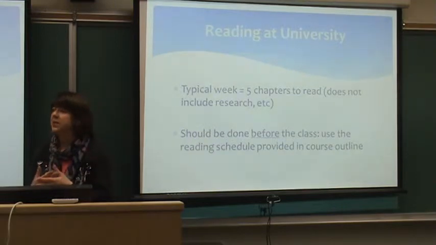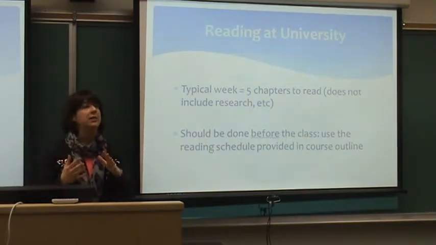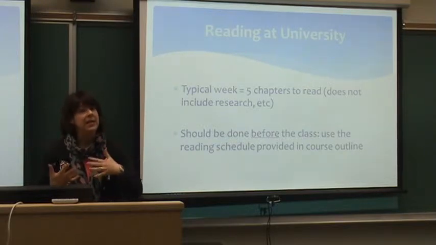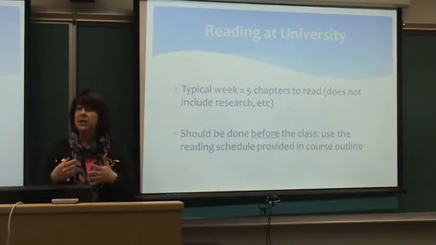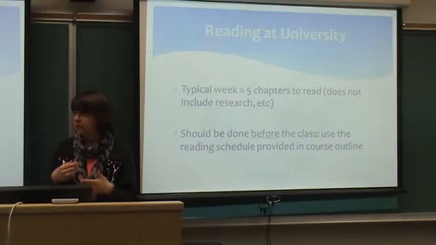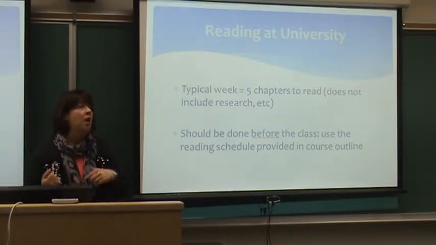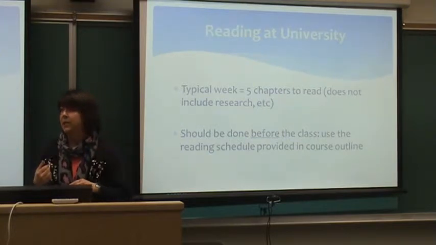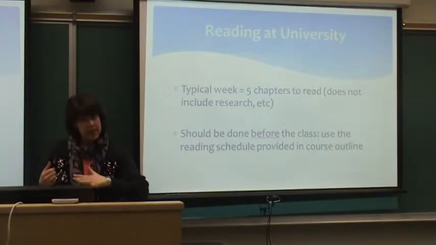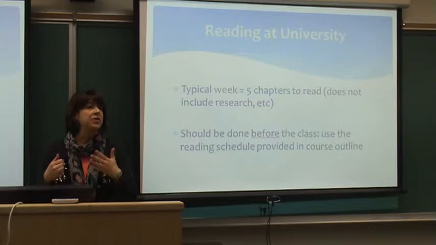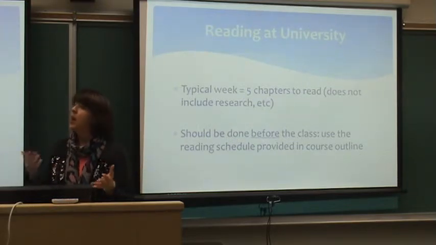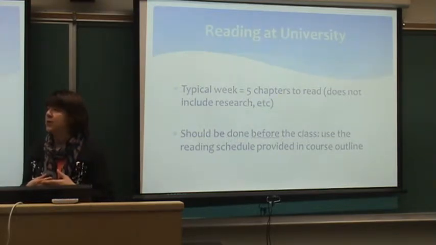When you go to your first day of class, you get a course outline or a course syllabus. Generally on that, you're going to have what I call your reading schedule. Your reading schedule is done up ahead of time by the professor, and it's going to say for week 1 of class, this is what I expect you to read. For week 2 of class, this is what I expect you to read. Generally the whole semester is going to be outlined, so you'll know right from day 1 how much reading is going to be involved for every class.